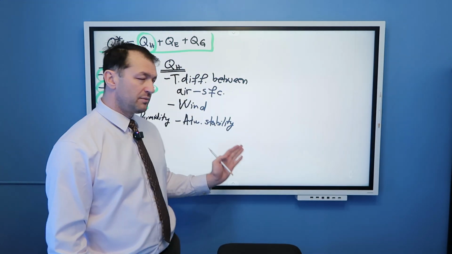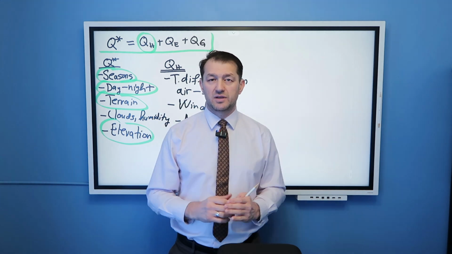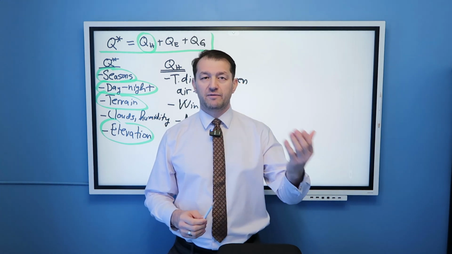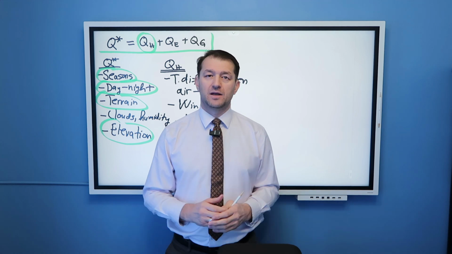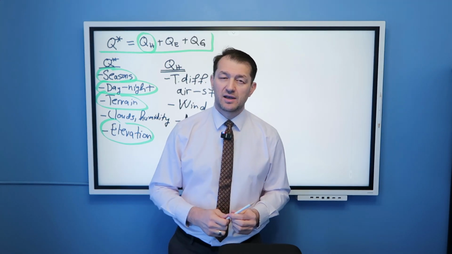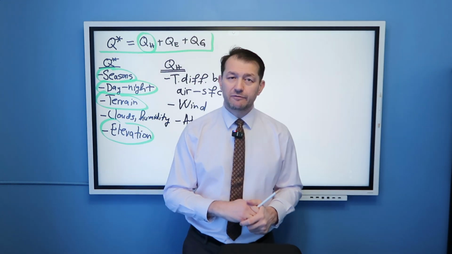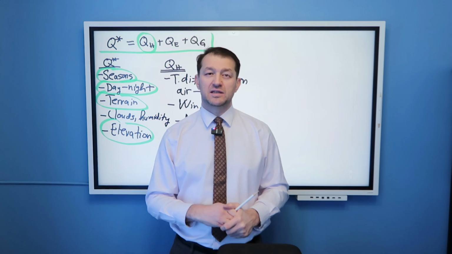But atmospheric stability, in simple words, describes the tendency of the atmosphere to amplify, suppress, or be neutral to vertical motions. If the atmosphere is suppressing vertical motions, we would say it is stable. If the atmosphere is indifferent to vertical motions, we would say it is neutral.